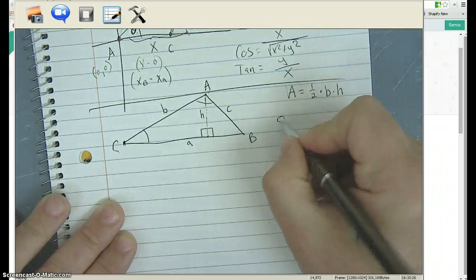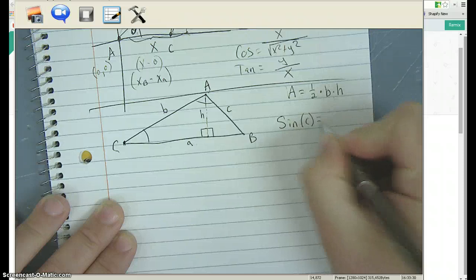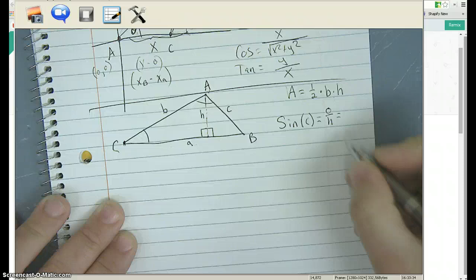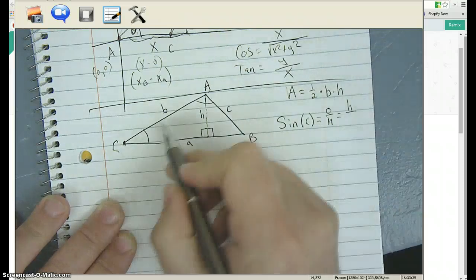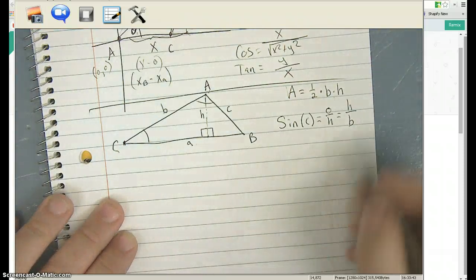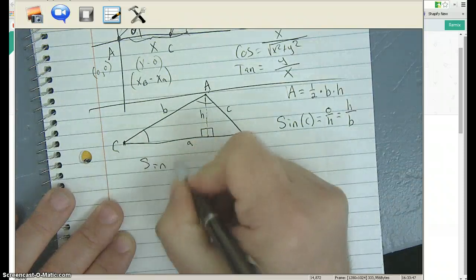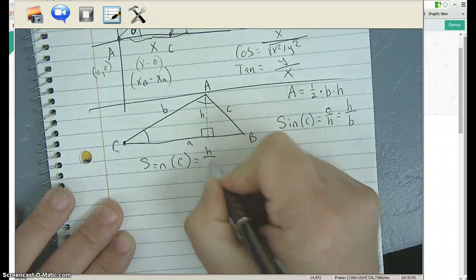So sine of angle C would be equal to opposite over hypotenuse, which in this case, the opposite is h, and the hypotenuse is equal to b. So now, let me write it again, here we go: sine of C is equal to h over b.